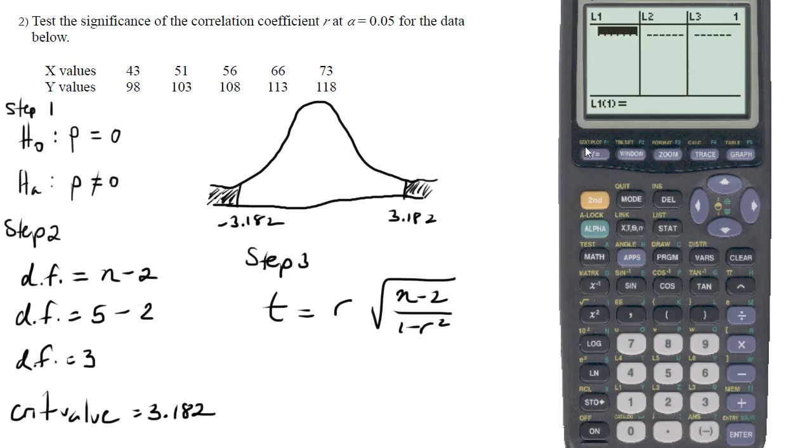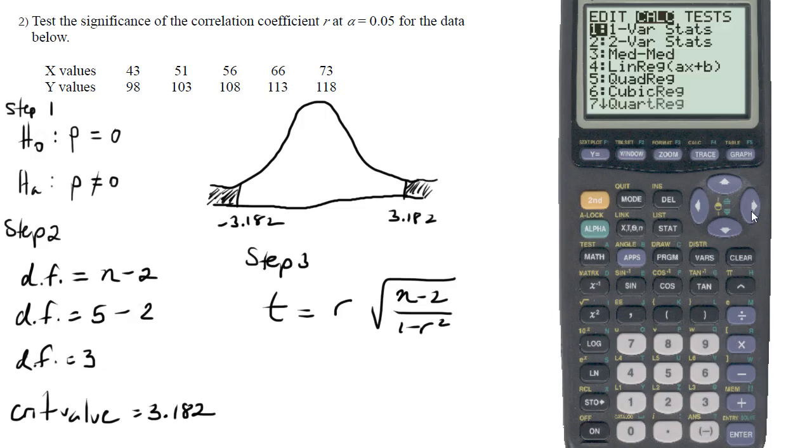So stat, edit, let's put these values in. X values: 43, 51, 56, 66, 73. Y values: 98, 103, 108, 113, 118. Make sure I got them.